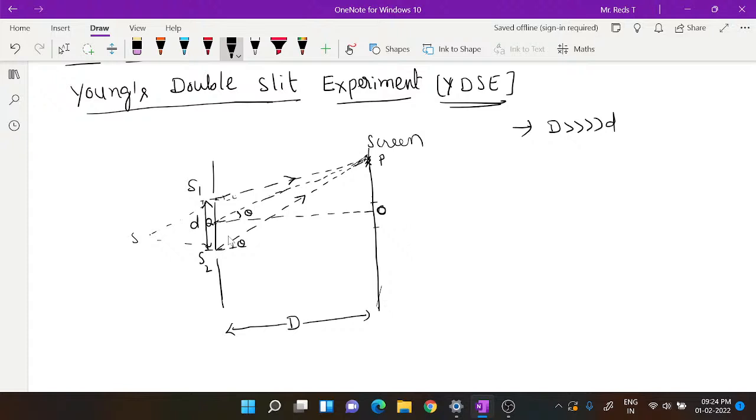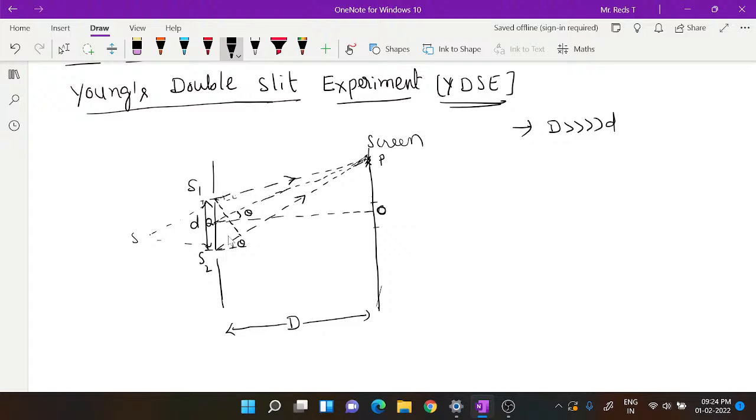To clarify it, let us draw a perpendicular line from here. What this tells us is that from here onwards, the length of this path and this path will be the same, but a wave traveling from S2 has to travel an extra path of this distance.